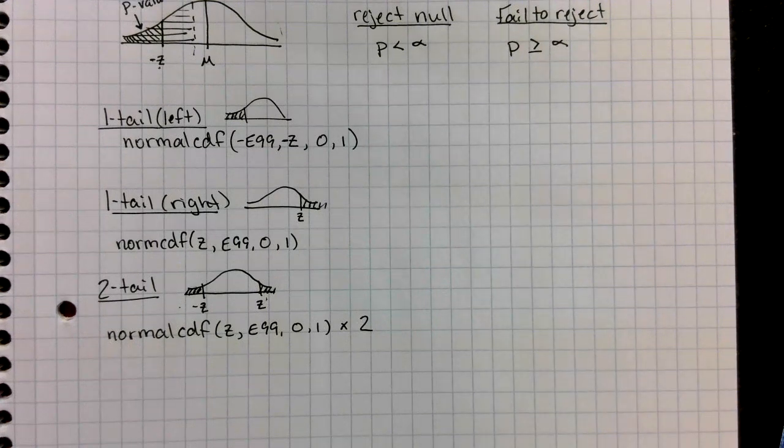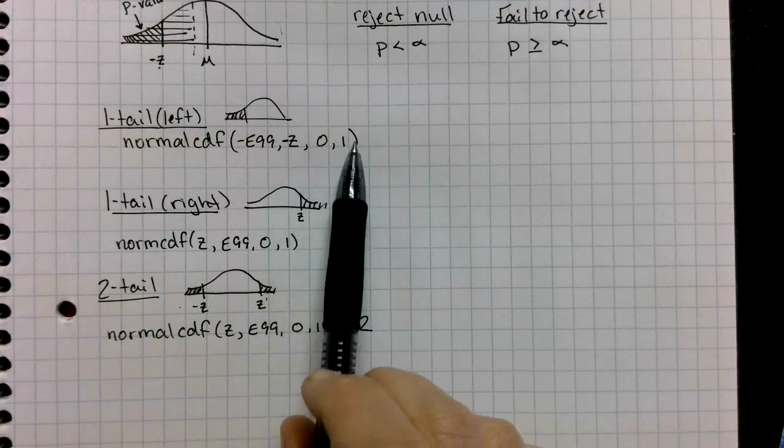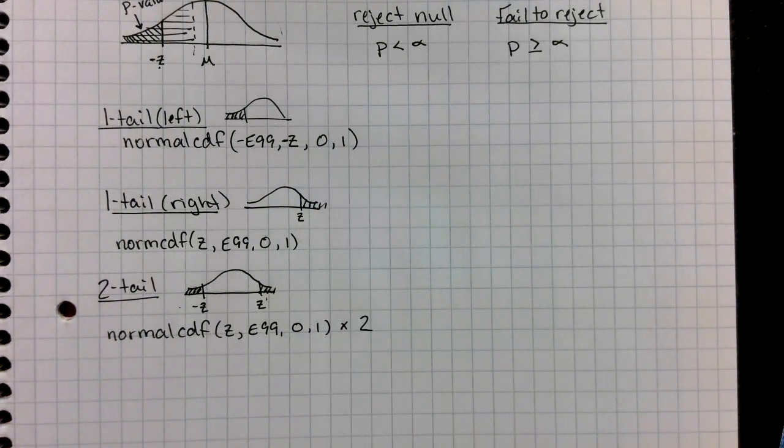So the same is going to be true for all of these for your t-tests, but instead of normal CDF, you would be using TCDF. But otherwise, we put things in relatively similar, except in t, we don't use 0 and 1, we use degrees of freedom. But we'll see that when we do some examples.